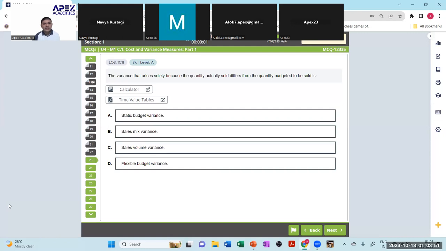The variance that arises solely because actual quantity sold differs from the quantity budgeted to be sold. My dear friends, actual quantity sold minus standard quantity. तो कैसे बनाओगे?